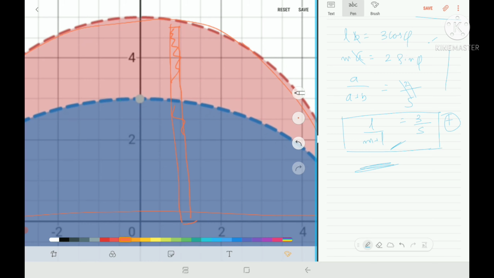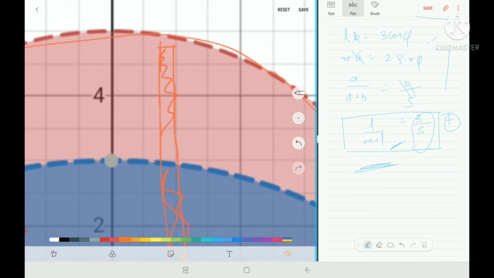So this blue portion to the whole of the rod will also be equal to 3 by 5, not even almost, because every single line on this rod follows this proportion. So the rod as a whole will follow that proportion.